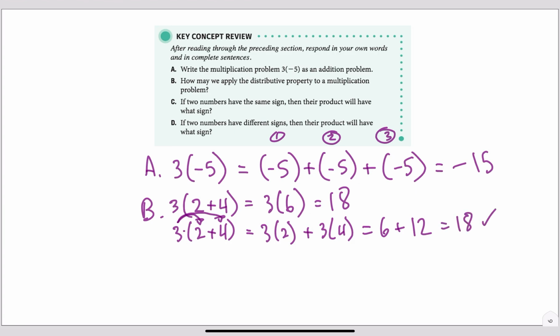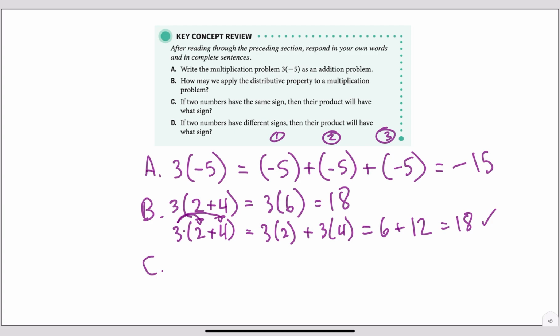So the distributive property can be used with a multiplication problem if I have things adding or subtracting inside parentheses and a multiplier out front. I can choose to simplify inside parentheses first, or I can preserve the meaning and I can distribute the multiplier to the parts inside. And as long as I triple both parts or I double both parts, then I'll maintain the same relationship.